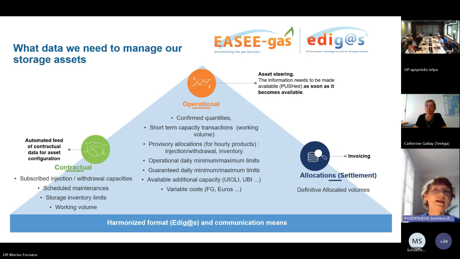It may even, in some cases, hinder access to new products, because if it's too complex to implement, the question might arise: should we do it or not? It's really an important bit, the harmonized formats and communication means for all these data.